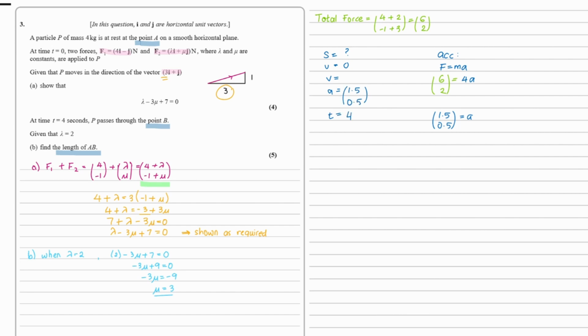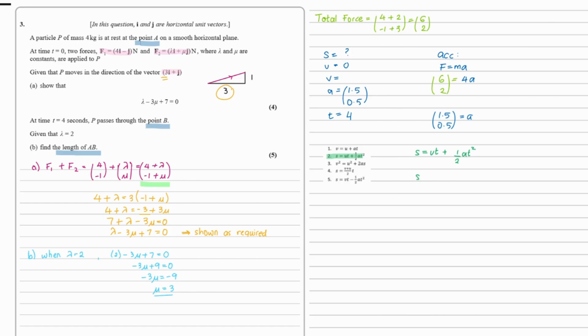So to find what the length is of AB, we can first find the displacement and then use this to find the length. And using the SUVAT formula, which is given in the formula booklet, we will be using s is equal to ut plus a half at squared.